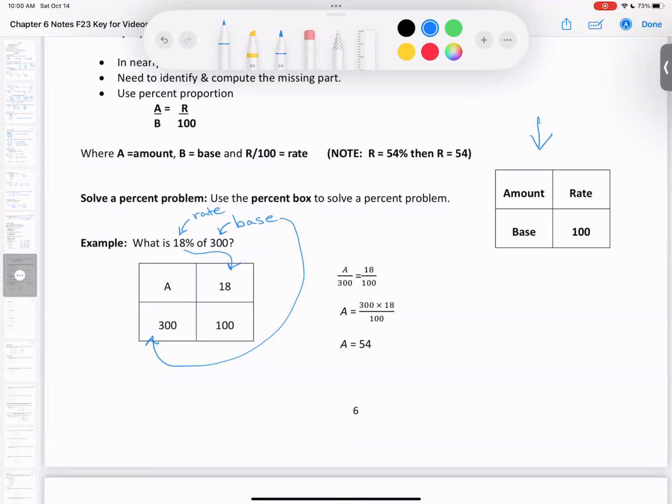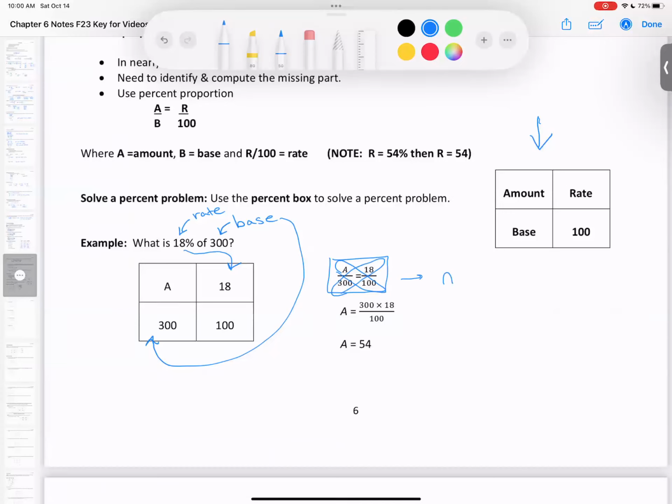So once you have this box, it's easy to set up our equivalent fractions or proportions. We have some amount over 300 equals 18 over 100. And now we can solve that like we learned in chapter 5. So we're going to take the cross product. And they've done it a different way here. I'll show you that way as well. But first, I'm going to show you the cross product method.